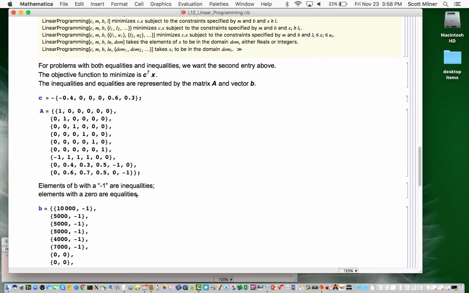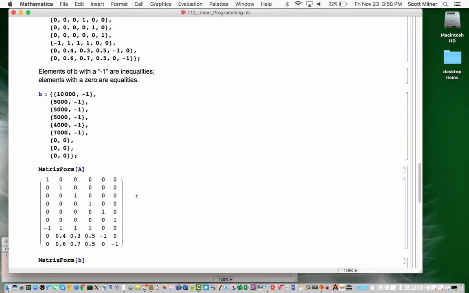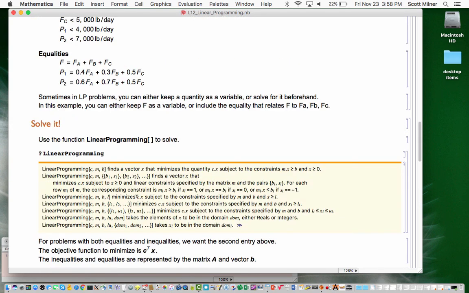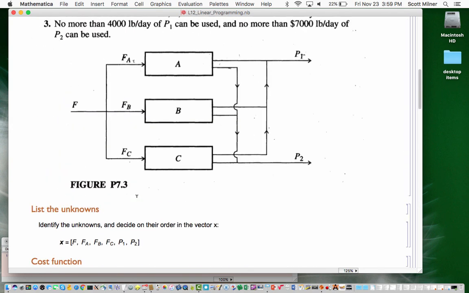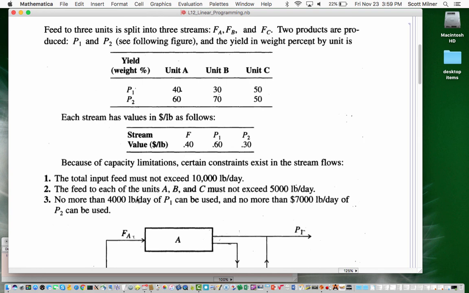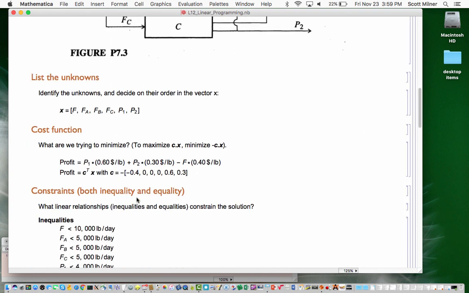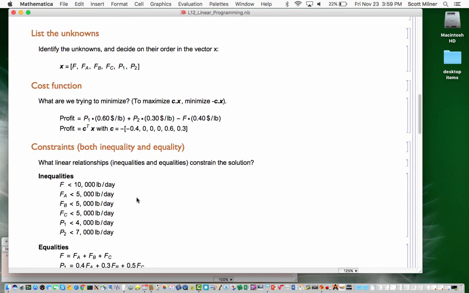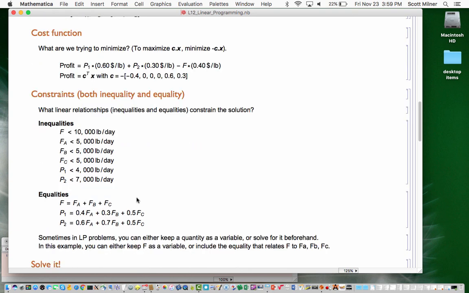So that is how you do a linear programming problem using Mathematica. The first part of it is translating the word problem into a set of equations, a cost function, equalities and inequalities.